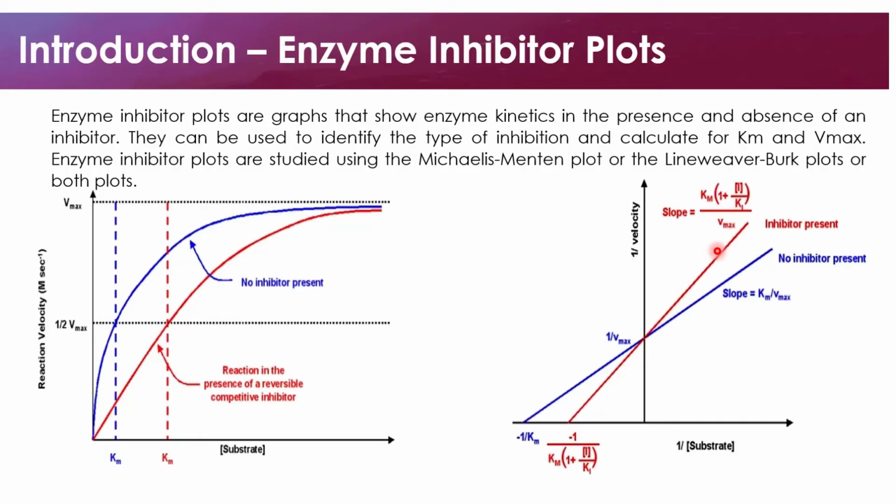And what we also have to note is that these plots tell us the relationship between the V maximum and the Km value for these two reactions, based on the type of inhibition involved in the reaction.